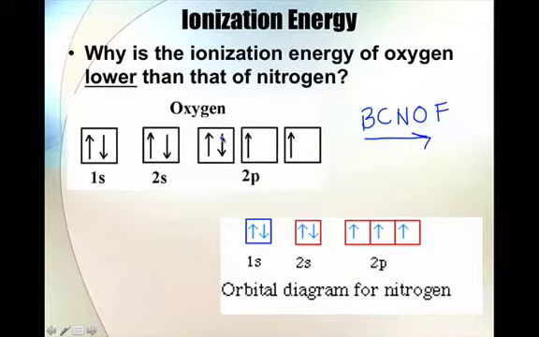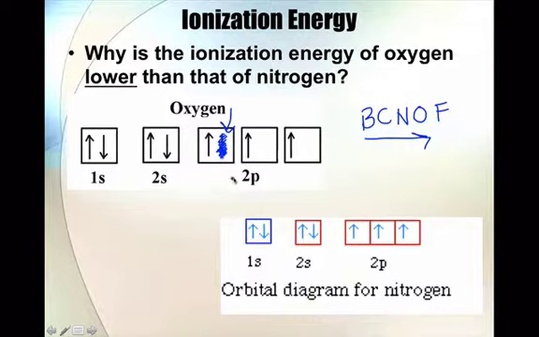The reason for this is oxygen has a full 1s orbital, it has a full 2s orbital, but it does not have a full or a half-filled 2p orbital. So it's actually relatively easy to remove this electron that's right here.